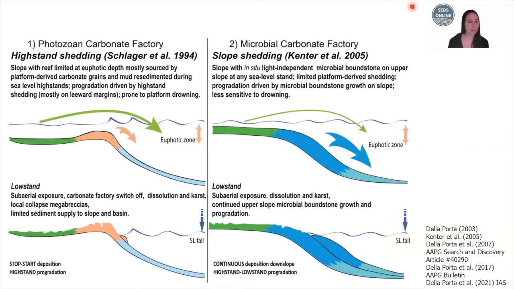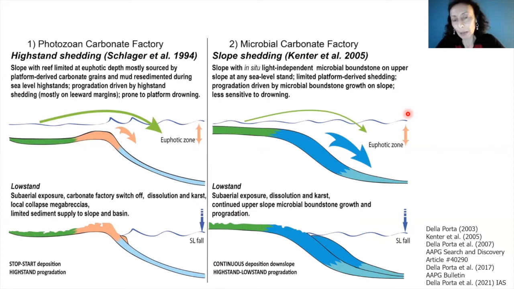So this might be a little bit of an ignorant question, but I'm wondering why in system 2, in the microbial carbonate factory, are you getting less of an input from that platform top? If you still have similar sediments up on that platform top, I totally get it. You are right, more shedding, maybe I haven't been clear. I mean, in a relative proportion.